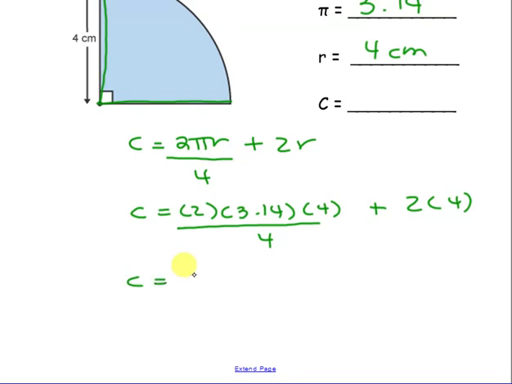So 2 times 3.14 times 4 is 25.12 divided by 4 plus 8.